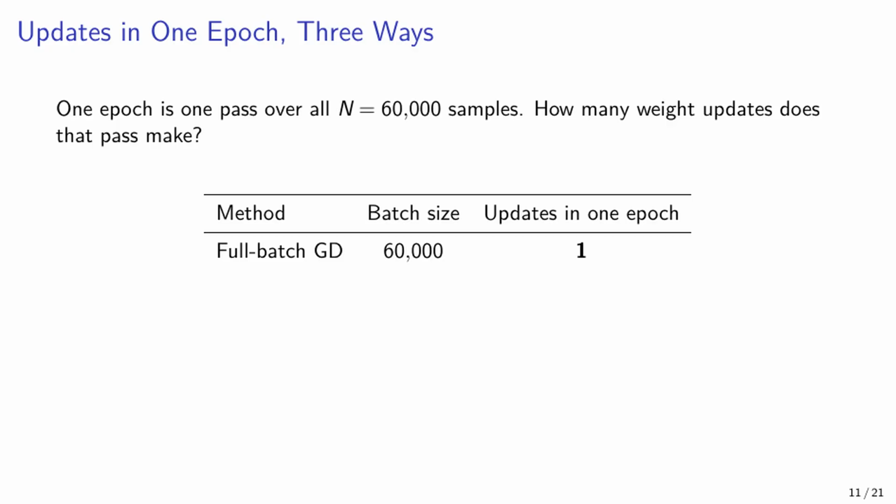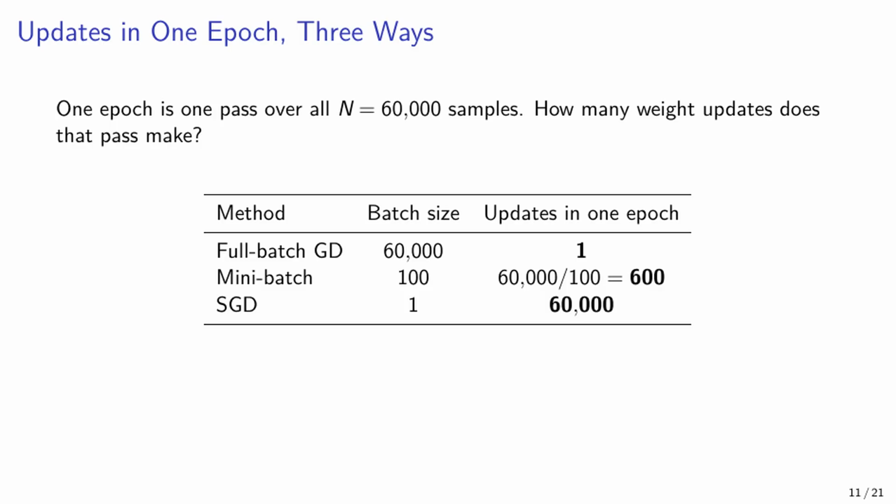Let us make that concrete. One epoch is one pass over all 60,000 samples. The question is, how many weight updates does that one pass actually make? Whole batch gradient descent uses all 60,000 at once, so it makes exactly one update. Mini batch with a batch size of 100 makes 60,000 divided by 100, which is 600 updates in that same pass.